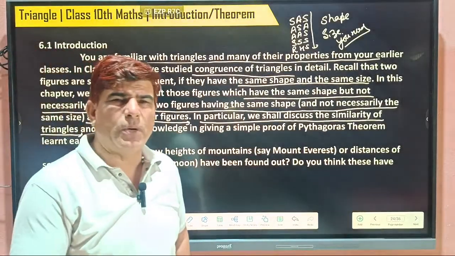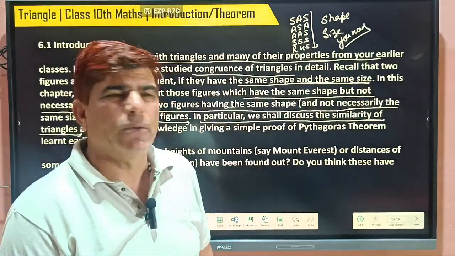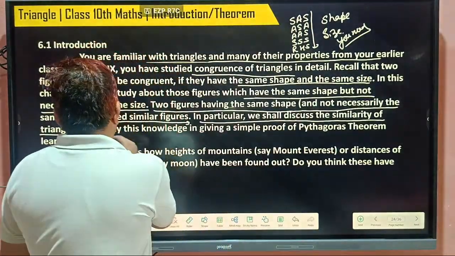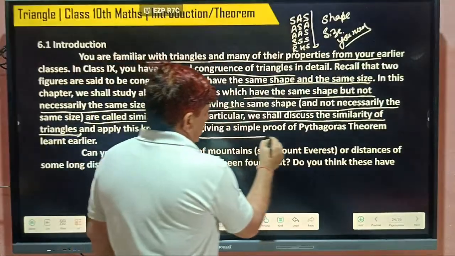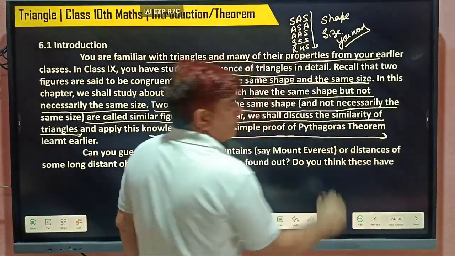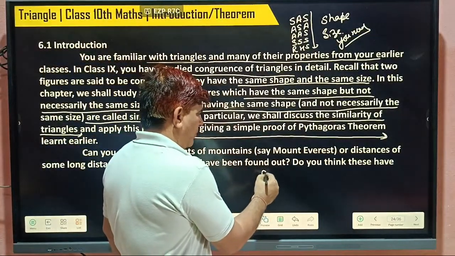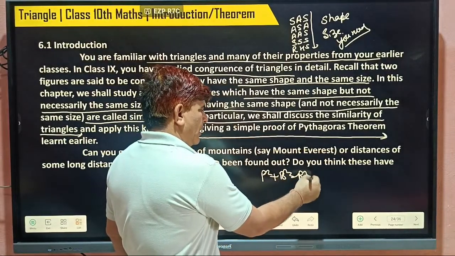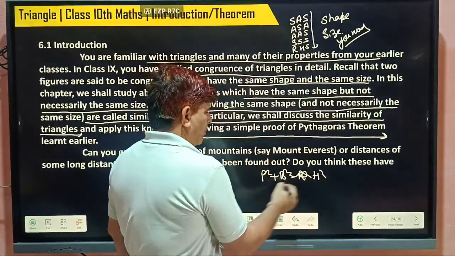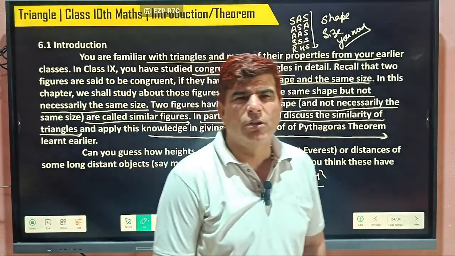About the Pythagoras theorem: perpendicular square plus base square is equal to hypotenuse square. So we apply this knowledge in giving a simple proof. Later on, we will give the proof of the Pythagoras theorem, which says p square plus b square equals h square, where p is perpendicular, b is base, h is hypotenuse.